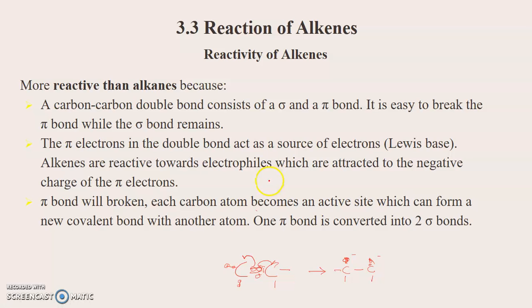Electrophile is the positive species. So for example, we have H plus. So this H plus will form a bond with this carbon, and another H plus forms a bond with this carbon. So that is the reaction of alkenes.